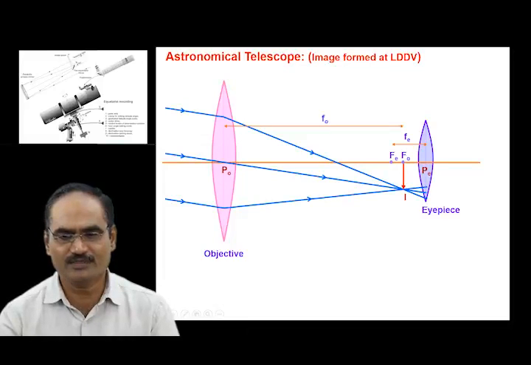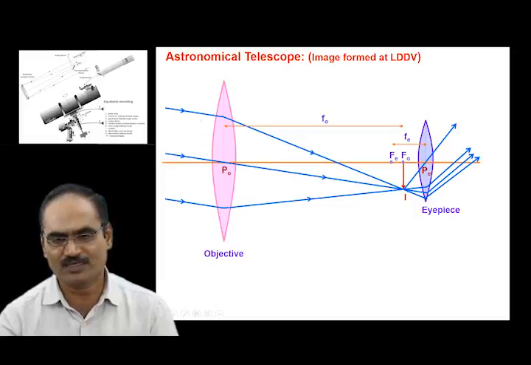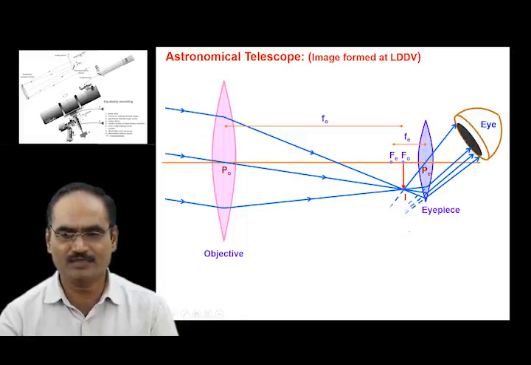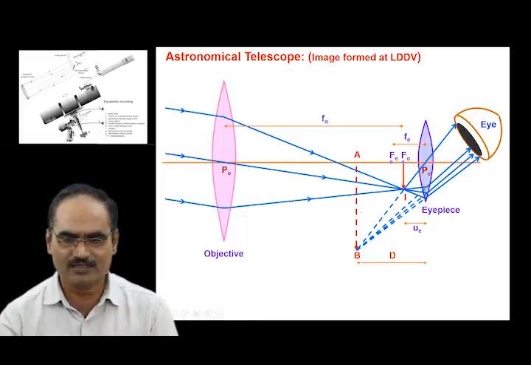But here what we do is we adjust this eyepiece, move it forward and backward such that it forms the image at the least distance of distinct vision. You can see here, these are the light rays, and the light ray passing here forms an image, and further they move forward and pass through this lens. Then they go like this. So while constructing or drawing this figure, you must keep in mind that they should pass through this lens, and only after that will they bend. And it forms the image here like this. So you can see the image forms at the least distance of distinct vision. This is right, AB like this.